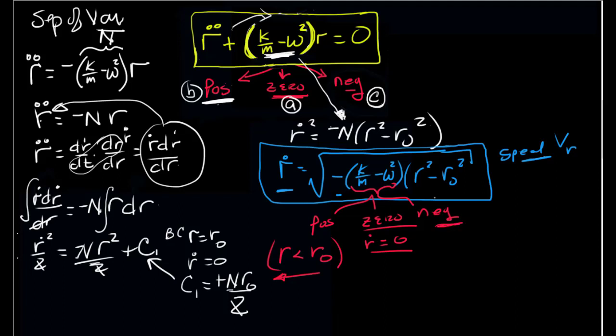If this term's negative, this negative out here will make this whole term positive, in which case we have to ensure that r is greater than r0, and the object would move outward. The value, positive, negative, and 0, defines the domains where this equation would be valid.